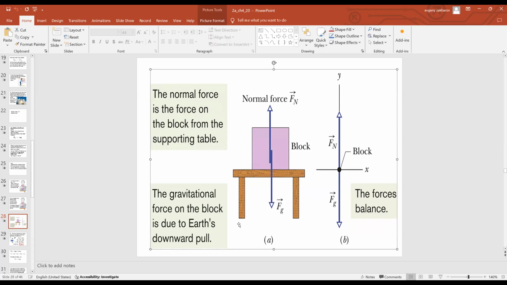That's the setup. Don't forget the vector notation for forces. See, you have normal force with vector notation and gravity with vector notation. Instead of F sub g, you can just say mg. That's fine. That's what I like to do. So mg, small g, with the vector on top of g, because small g is a vector.